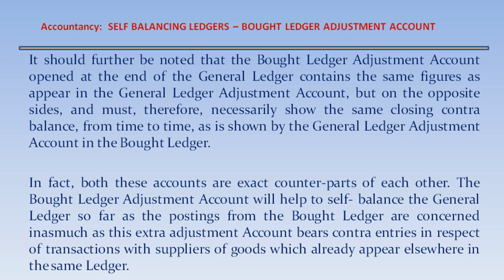The BAT ledger adjustment account will help to self-balance the general ledger so far as the postings from the BAT ledger are concerned, inasmuch as this extra adjustment account bears contra entries in respect of transactions with suppliers of goods which already appear elsewhere in the same ledger.